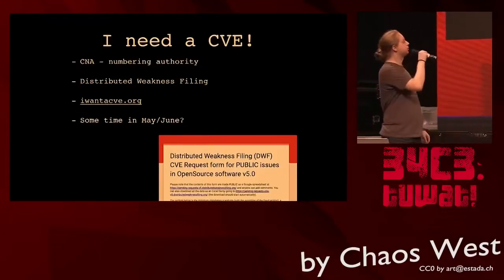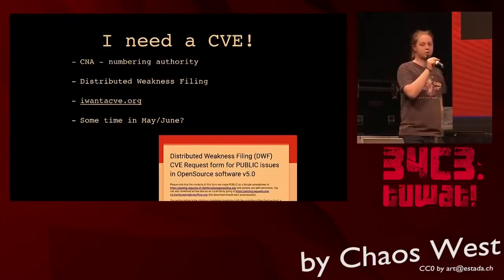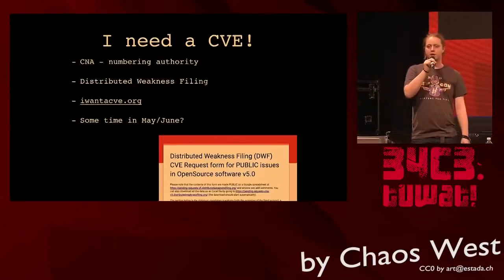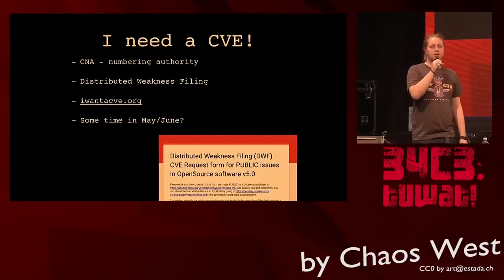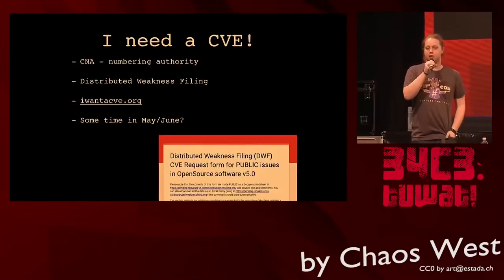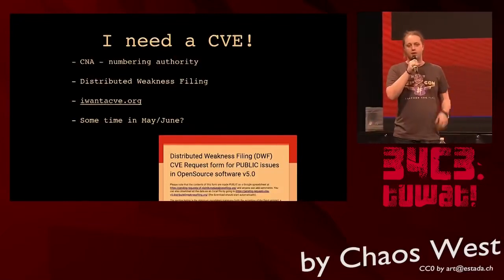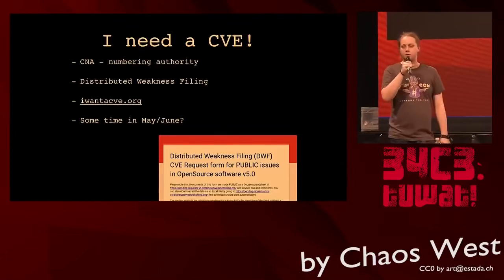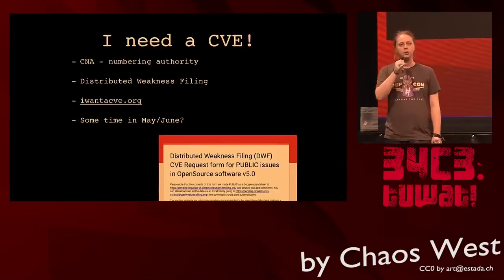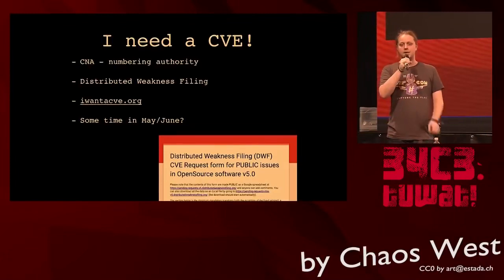So there's this awesome project called the Distributed Weakness Filing Project. It's kind of starting out. Till now, every time you want a CVE, it goes through some numbering authority that assigns you a number. Once you get that number and it gets verified, it gets pushed out to all the distributions and loads of people who see that there is a problem.